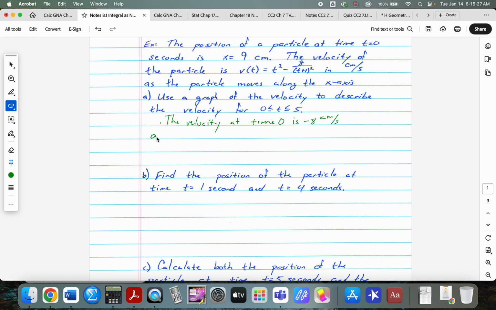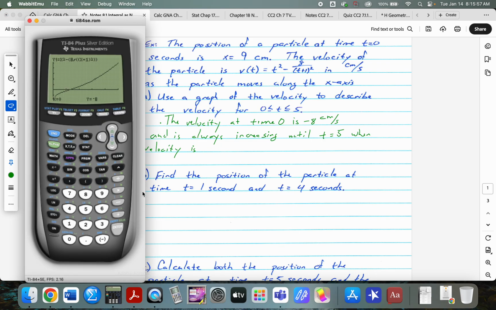So the velocity is always increasing until t equals 5, when the velocity is, and who knows, maybe that'll be another nice whole number. 223 ninths.